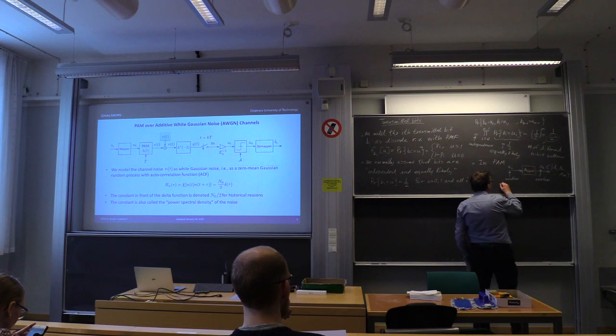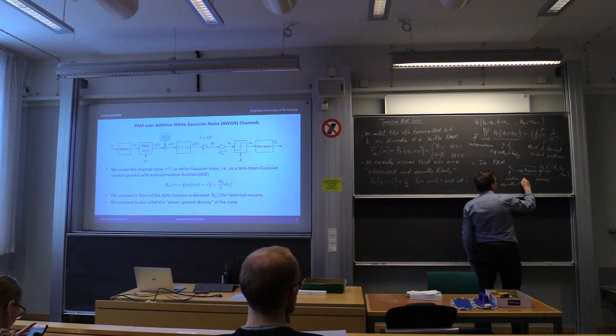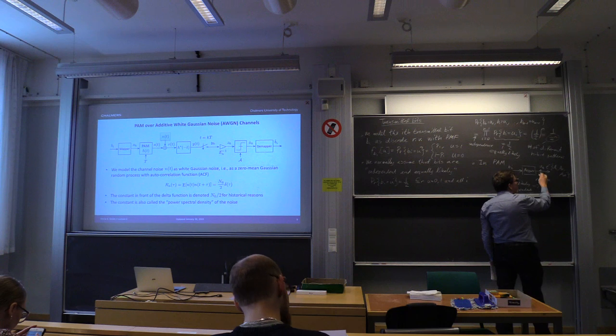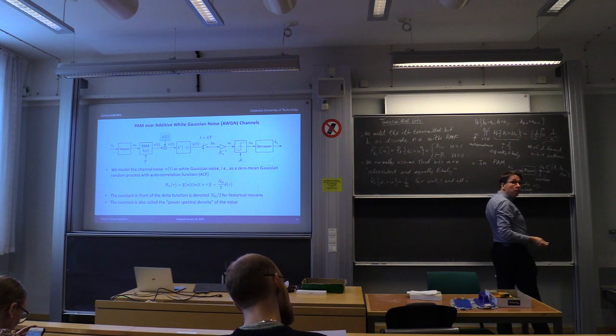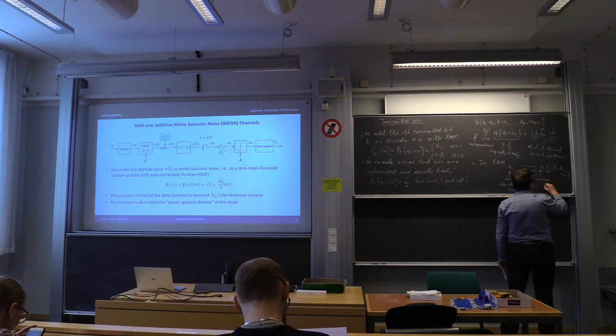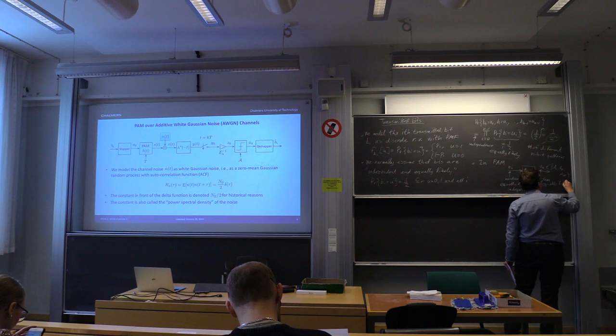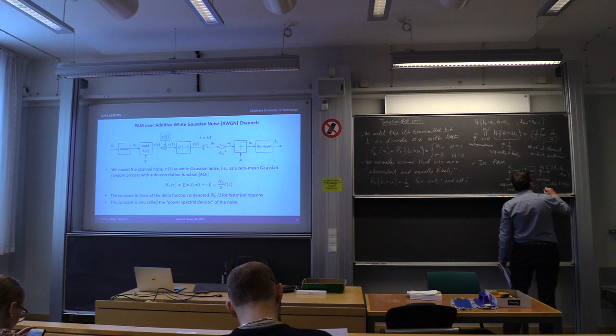If the bits are equally likely and independent, then the symbols will be the same: equally likely and independent.